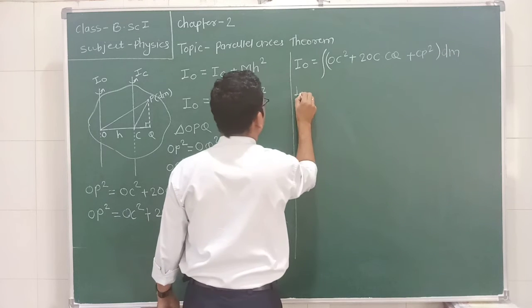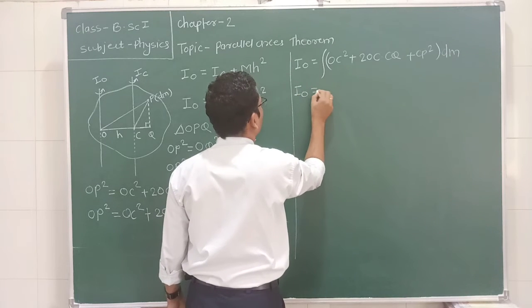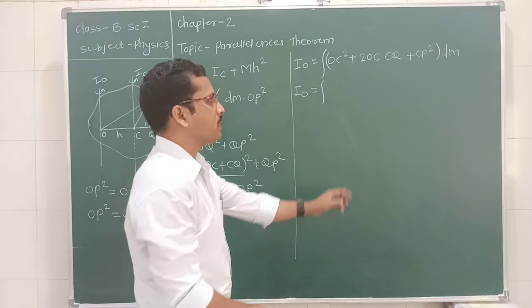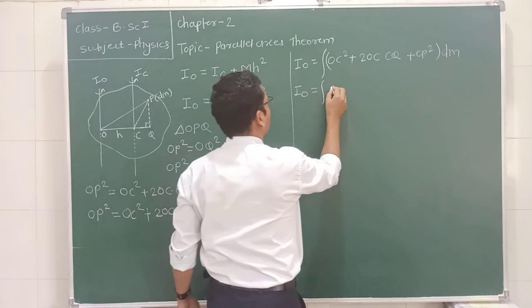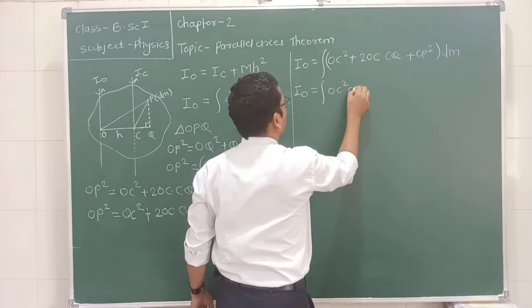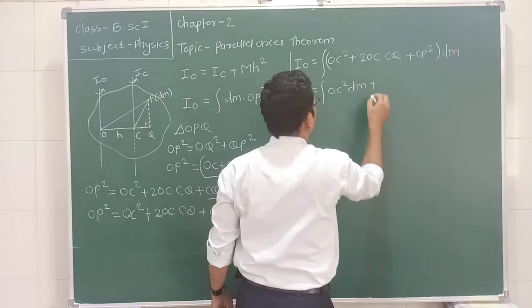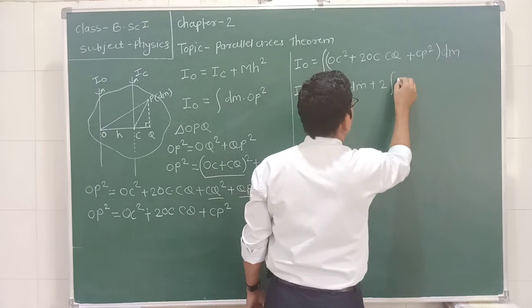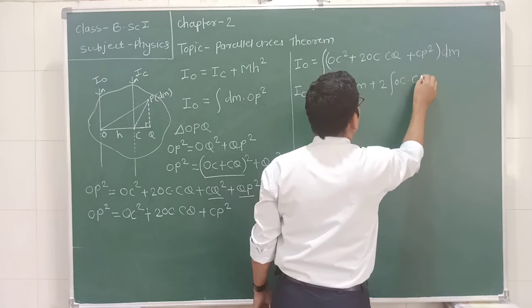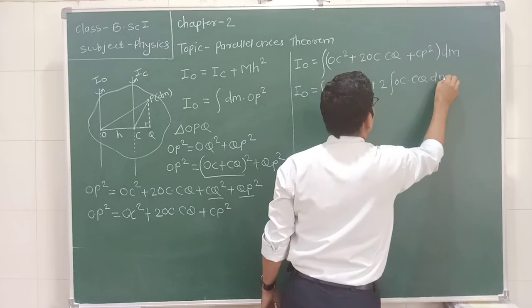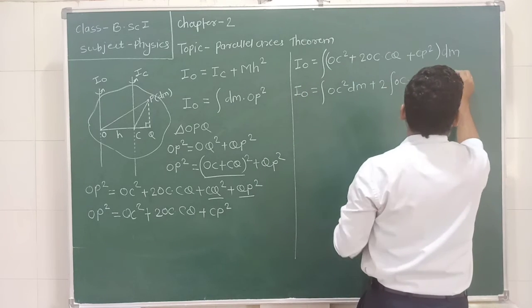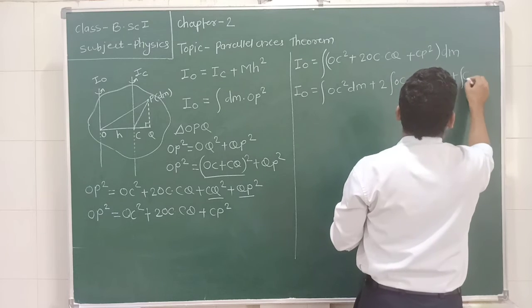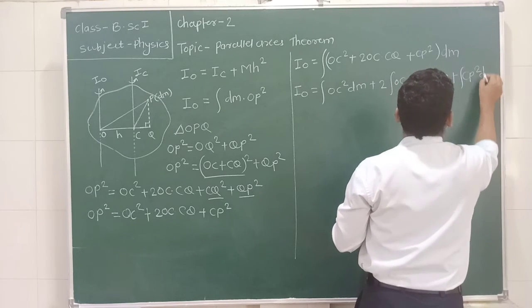So we can write this I0 is equal to integration of, we are going to separate all these terms, so it is equal to OC square dm plus this 2 is constant, this twice OC CQ dm plus integration CP square dm.